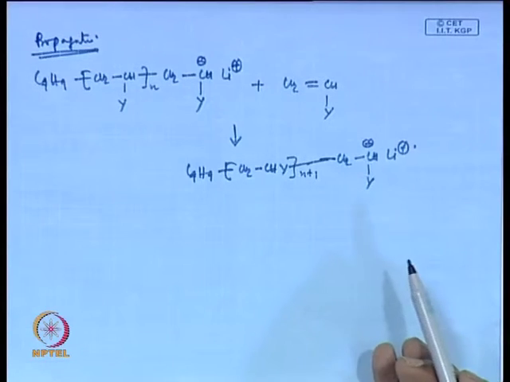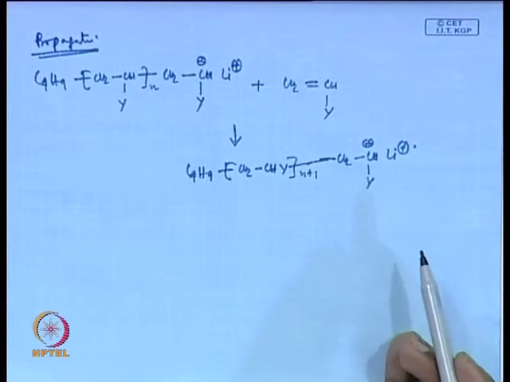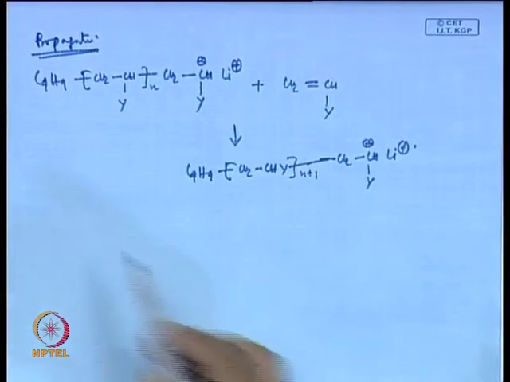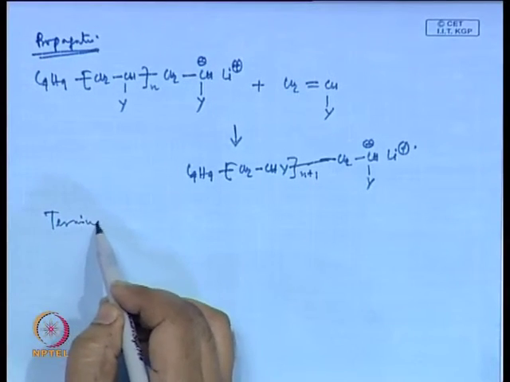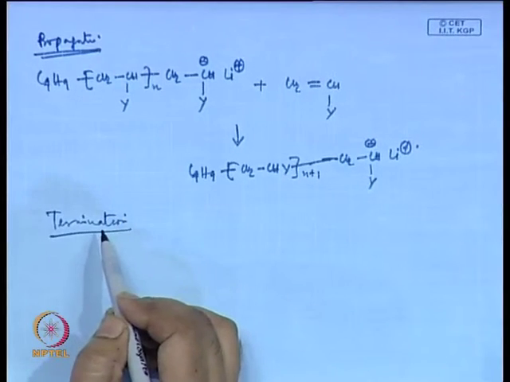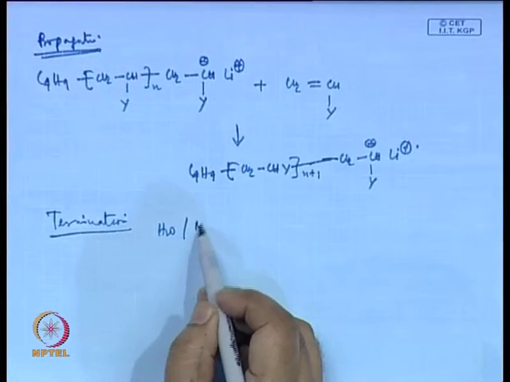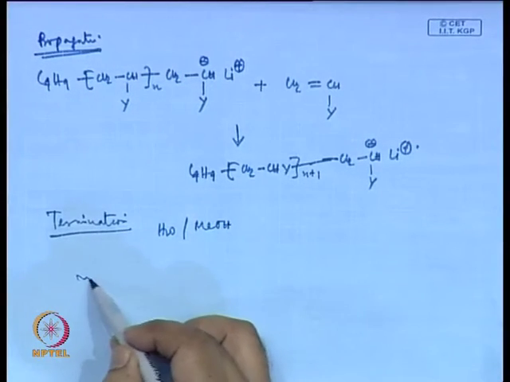But if you want to stop the reaction for whatever reason, then you can add a reagent, which could be alcohol or water, which can react immediately with this active carbanionic chain end and stop the reaction.